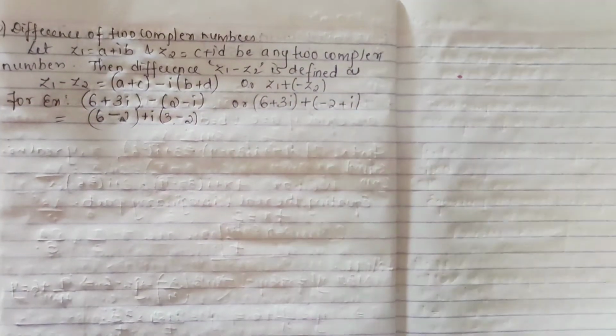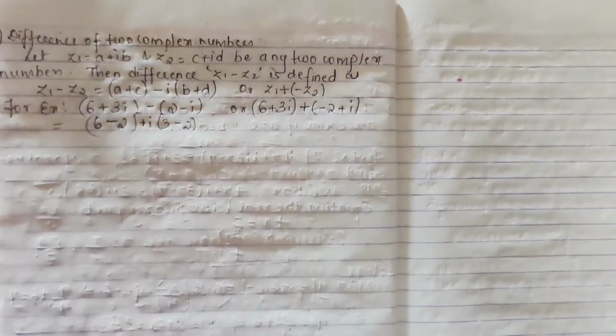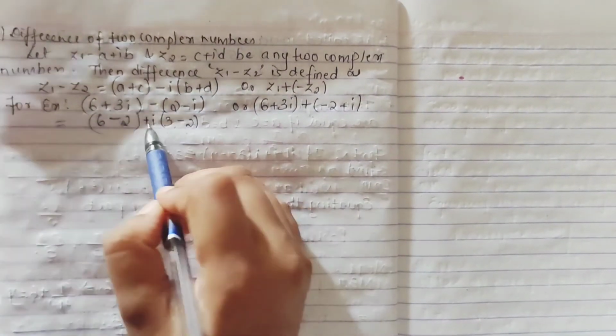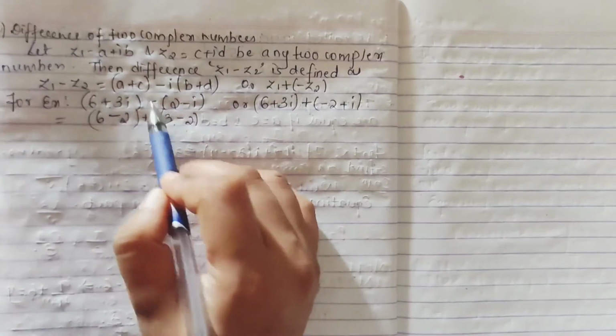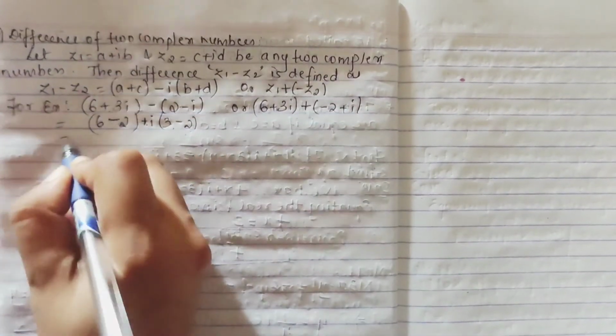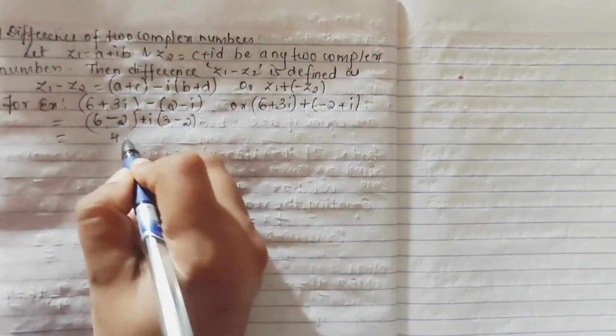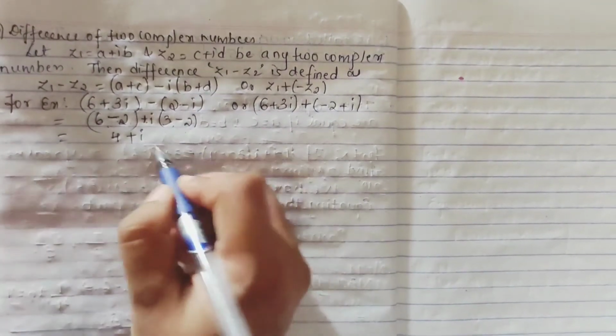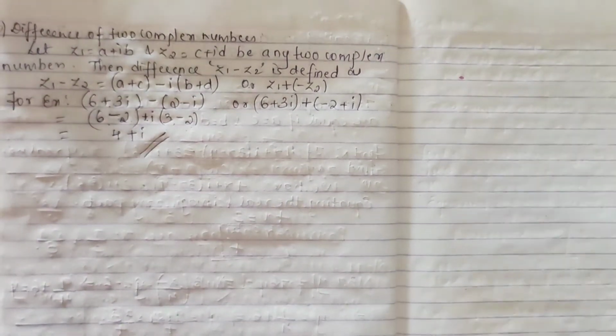You can write in this form also, if you don't understand how I took it here. Plus i taken common from both, then 3 remains minus 2, 6 minus 2 is 4 plus i, 3 minus 2 is 1, right? So the answer is 4 plus i.